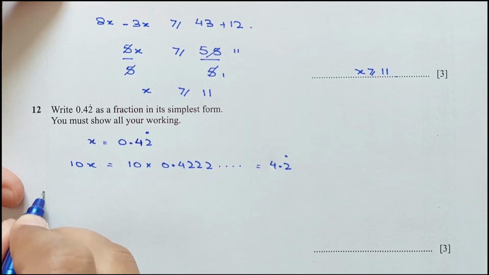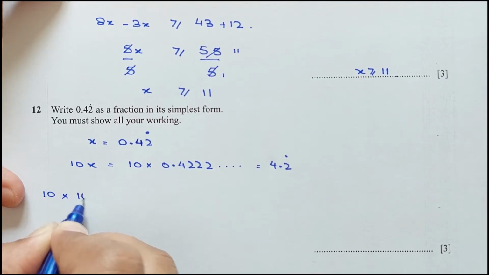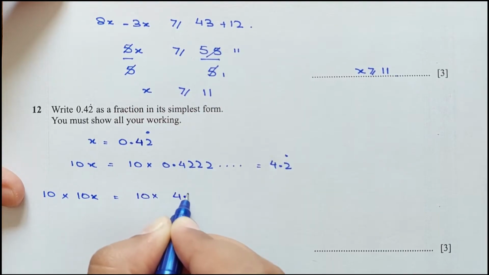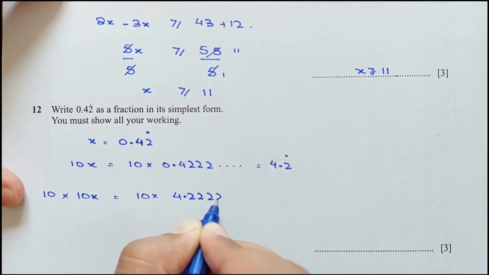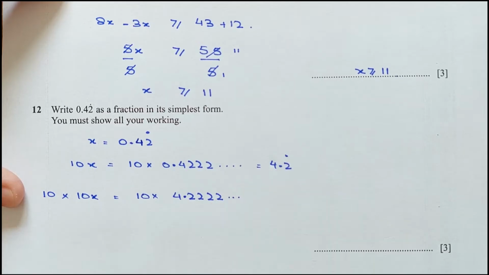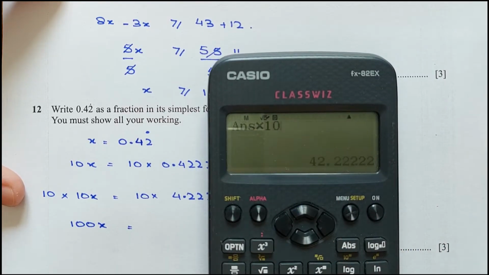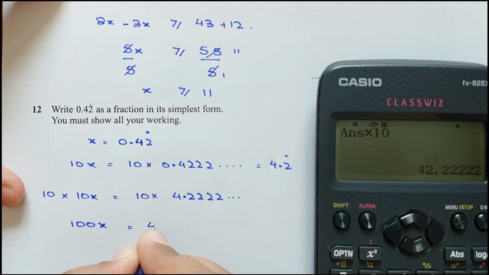Again, we have to times by 10. So 10 times 10x equals 10 times 4.2, 2, 2, 2, and so on, because 2 is recurring, right? 10 times 10, this is going to be 100x, and this digit is times by 10, 42.2 recurring, right?